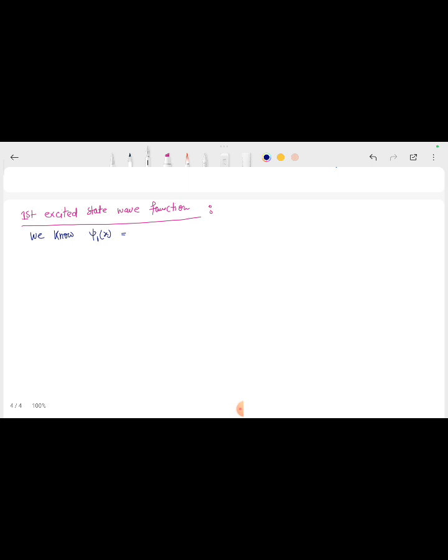is directly proportional to H1(x) e to the power minus m omega x square upon 2h cut. It is proportional to x. It is equal to 2x. Okay, but if we go with proportional, you just ignore this 2.